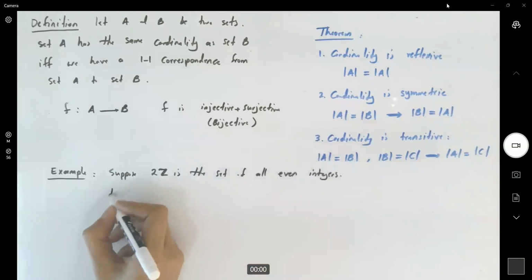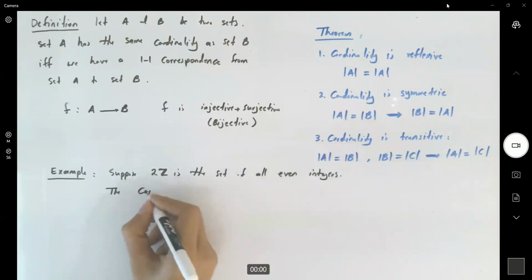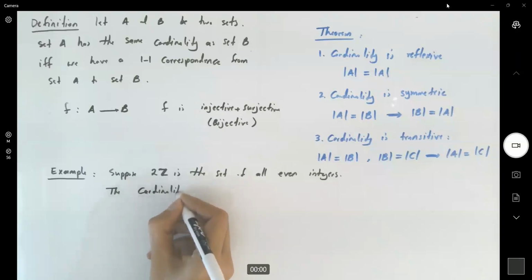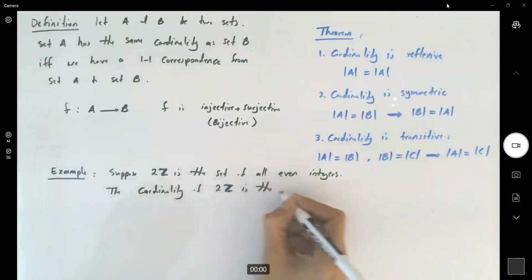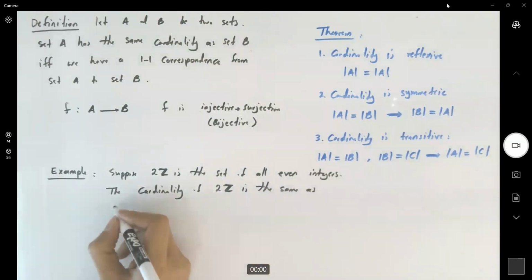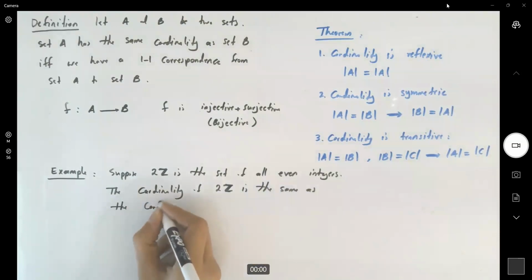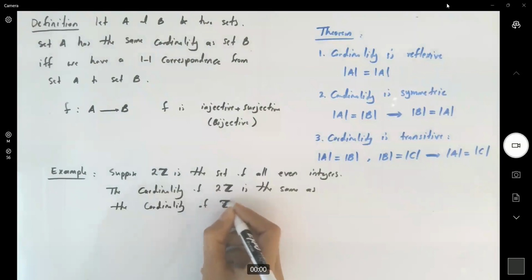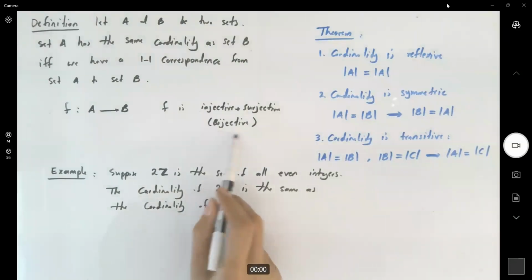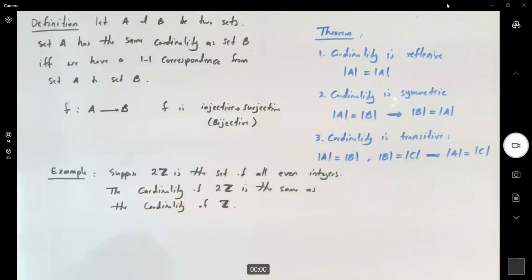We're going to say that, hey, the cardinality of 2Z is the same as the cardinality of Z. So what's the meaning of that? It means that I need to find a bijective function mapping 2Z to Z.